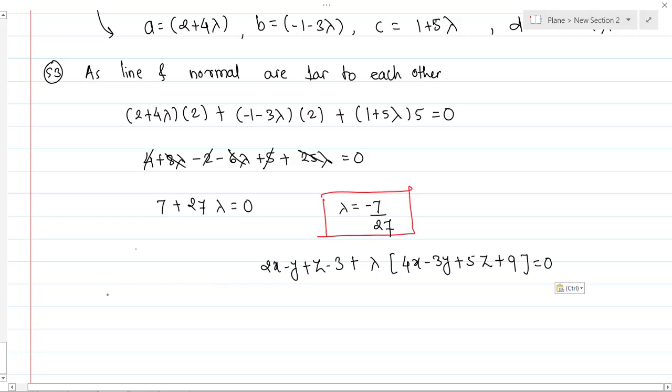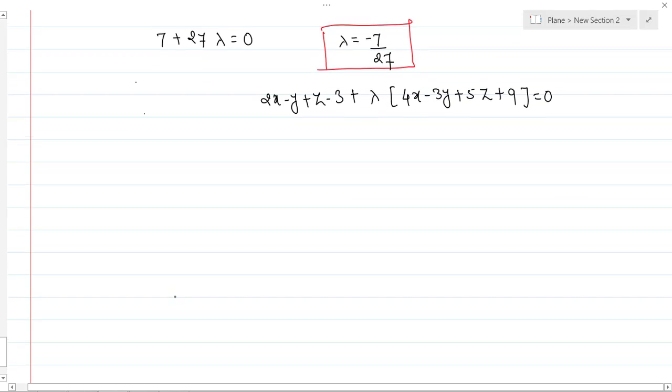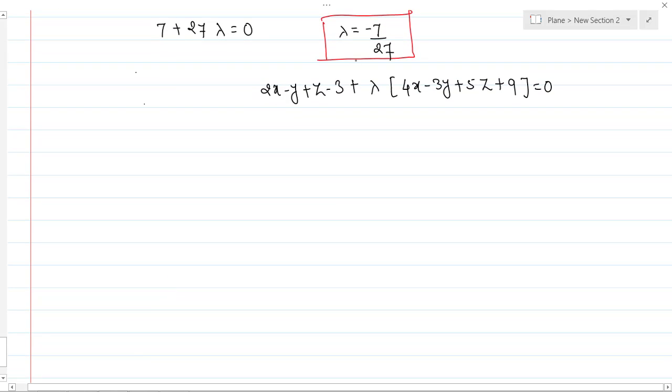Okay, perfect. So let's substitute the value of lambda. I will write 2x minus y plus z minus 3 minus 7 by 27 into bracket 4x minus 3y plus 5z plus 9 equals 0.